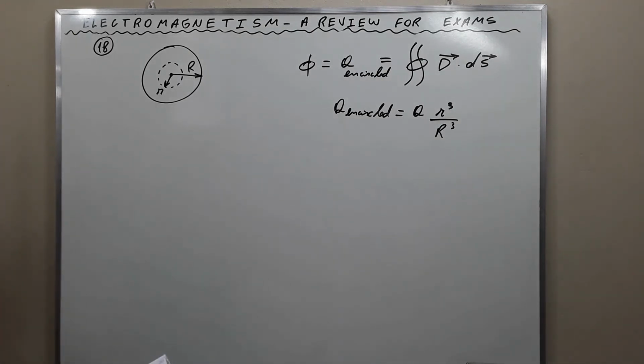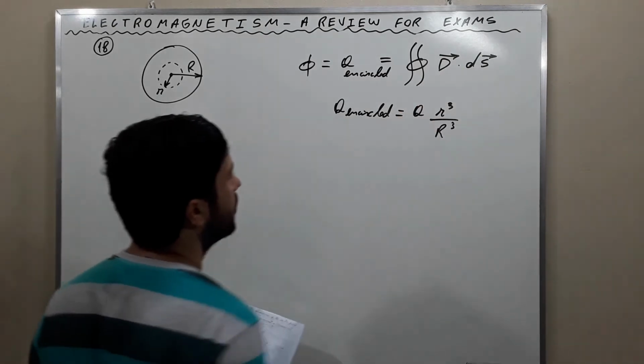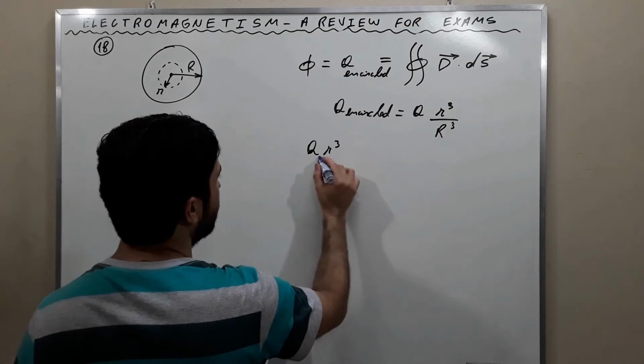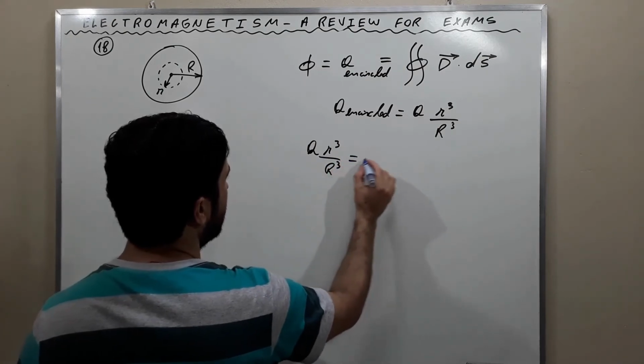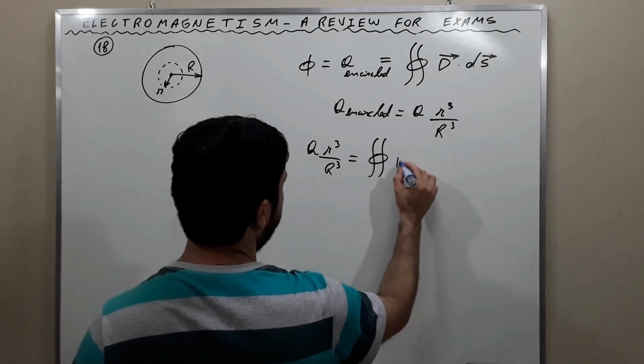Okay? Therefore, we are going to use this expression here. Q r cubed over R cubed is going to be equal to this integral here.